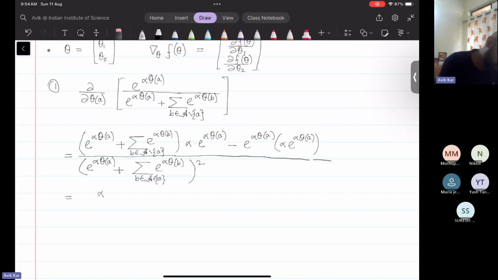So alpha times e raised to alpha theta a times the sum over b not equal to a of e raised to alpha theta b, divided by the squared denominator.